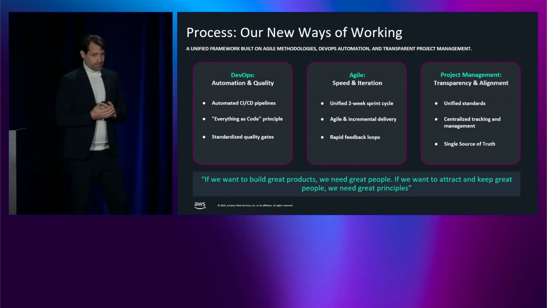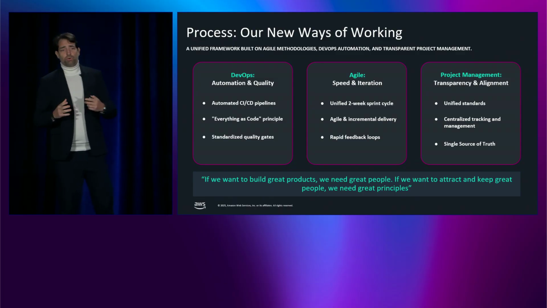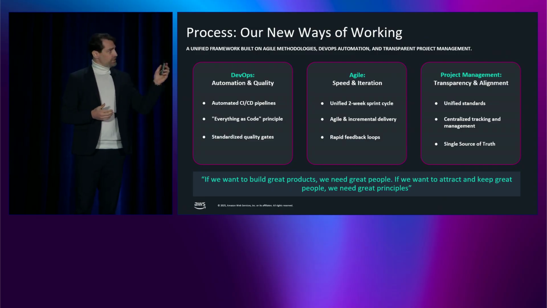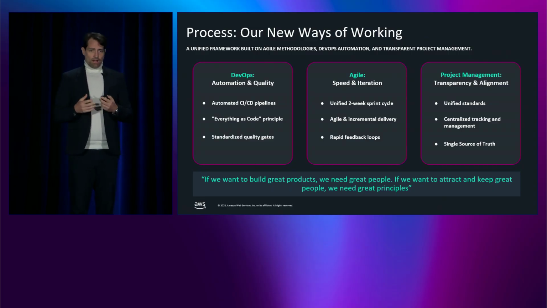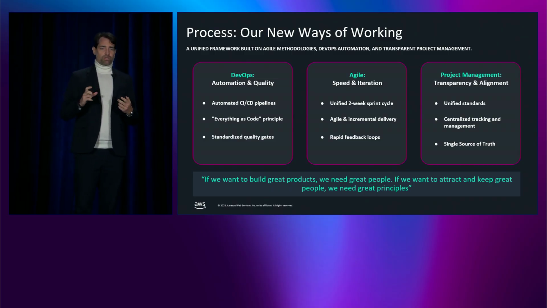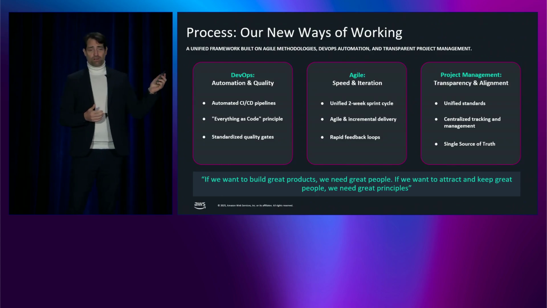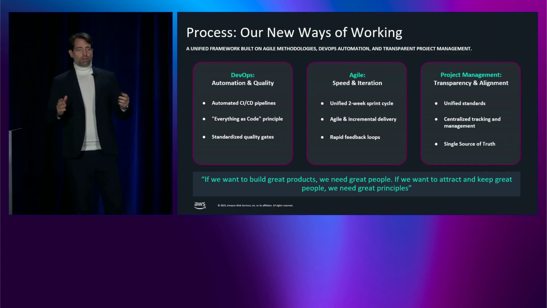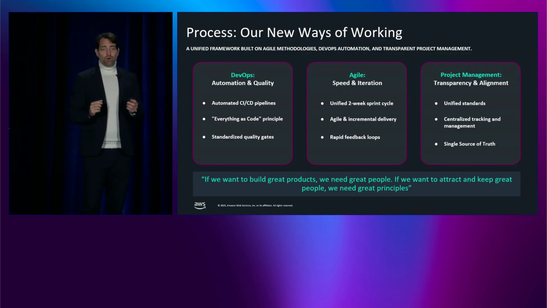On the process side, we also needed to enable these teams with common ways of working. And these common ways of working are these three pillars here. DevOps, one of the most important ones, and also a huge mindset shift. I realized that when we started off, and my management came back and asked me, Yannick, when are you going to hand over to the operations team? And I said, there is no handover.